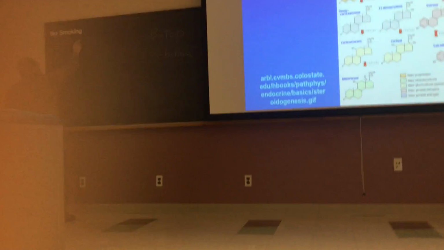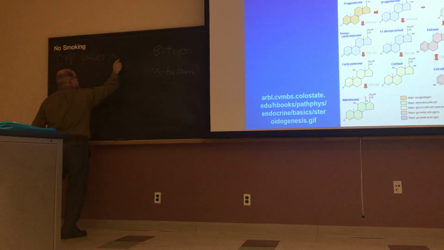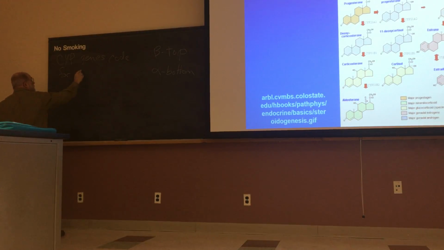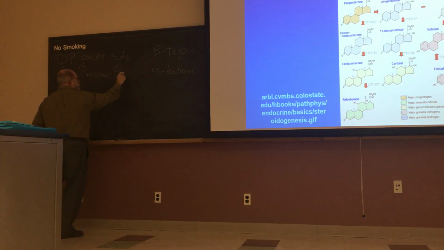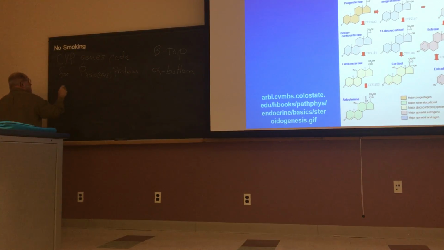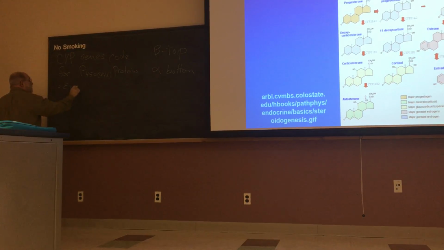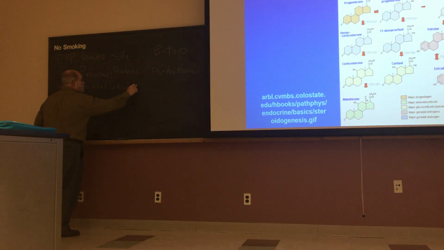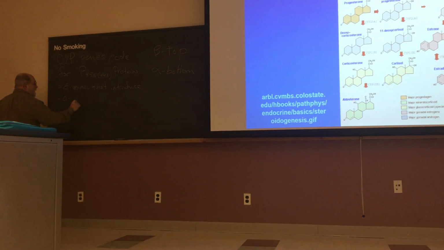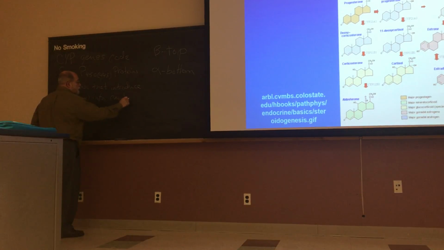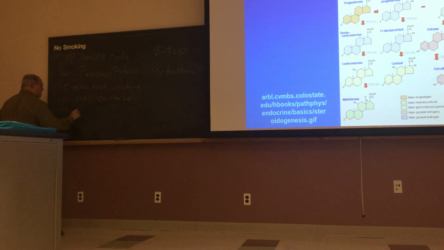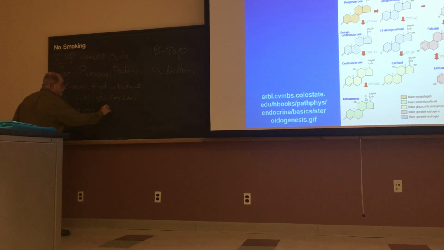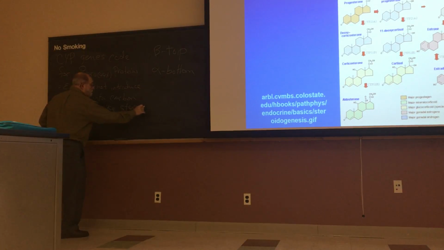So CYP genes code for P450, some are 448 proteins, which are equal to enzymes that introduce oxygen, often OH, into carbon structures, like steroids.